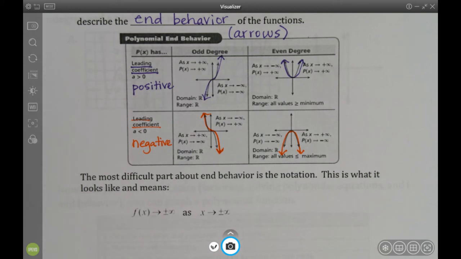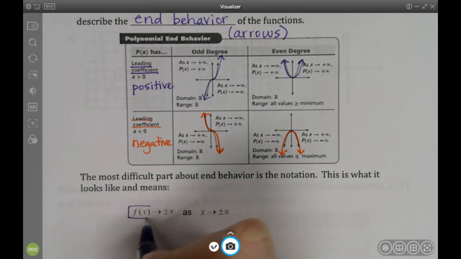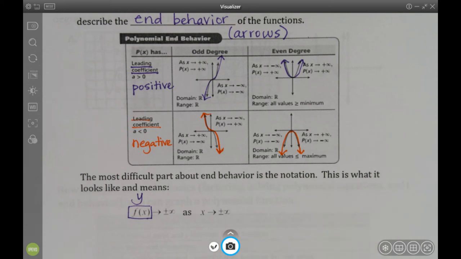Okay, end behavior in theory is not hard. You can pretty much picture what the arrows are going to do. The hardest part about end behavior is the notation, because they write it really weird. So f of x really means your y values.